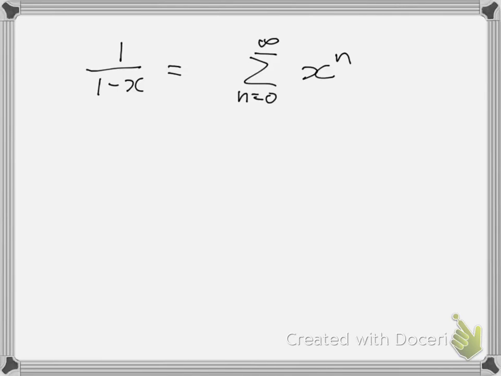We know that a power series can be differentiated. So for example, this is a power series, and this is the function. They can be differentiated, and the new power series is equal to the derivative of the function.